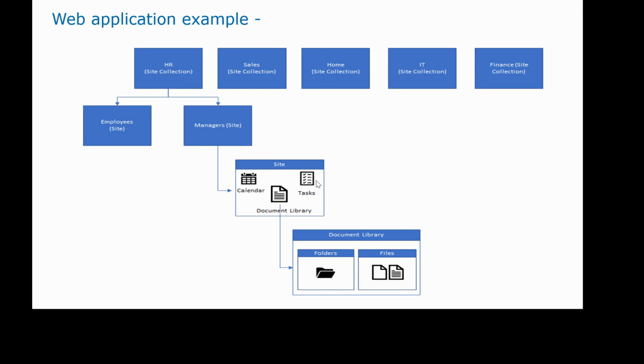And then we have a task list. Do you guys know what a list is? In document libraries, we store the documents. What do we store in lists? A task list is basically a collection of list items.